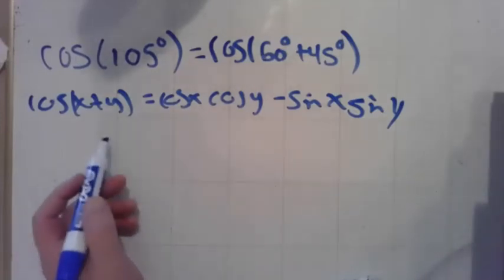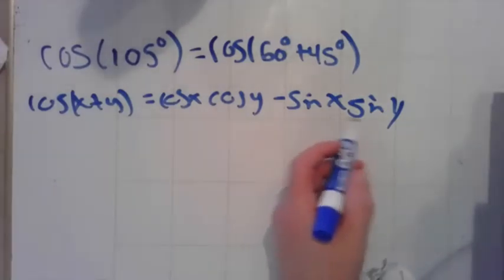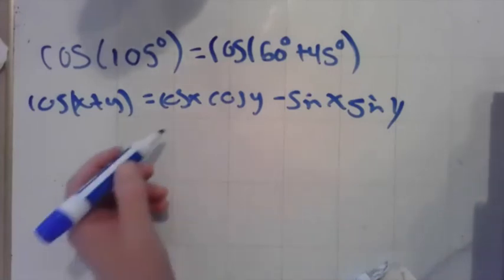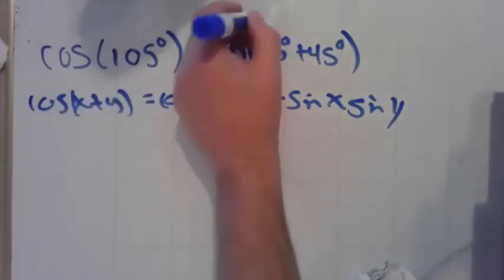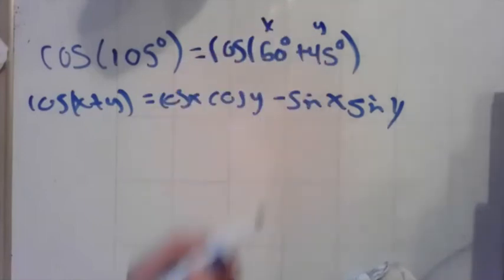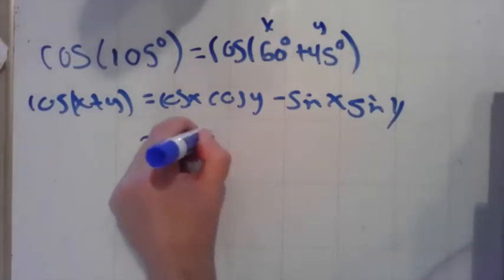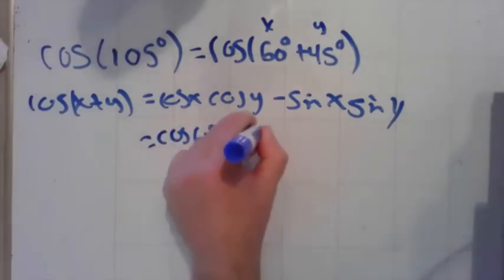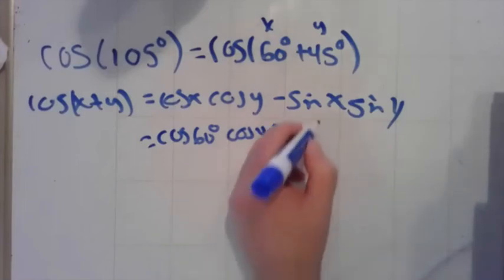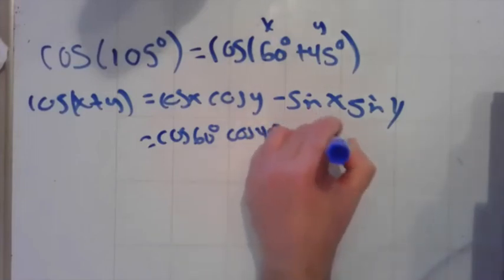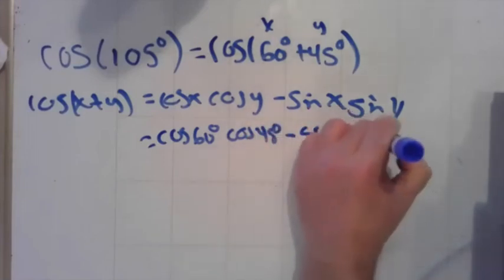So cosine of x plus y is cos x cos y minus sine x sine y. X here is, sorry, x is 60, y is 45. So this would be cos of 60 degrees, cos 45 degrees minus sine 60, sine 45.